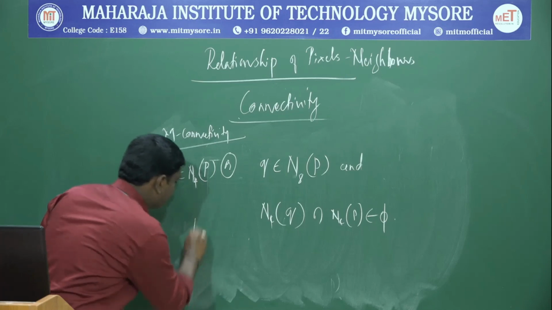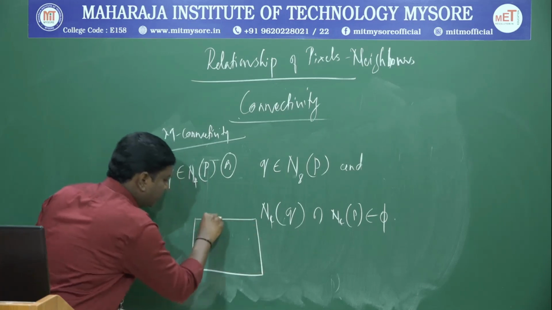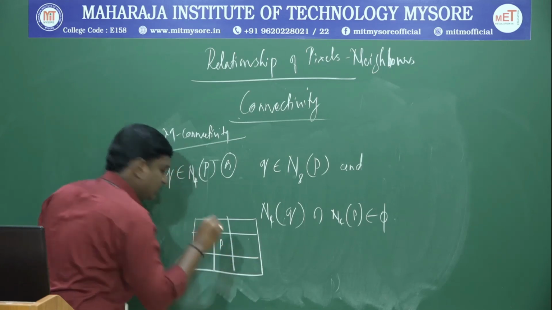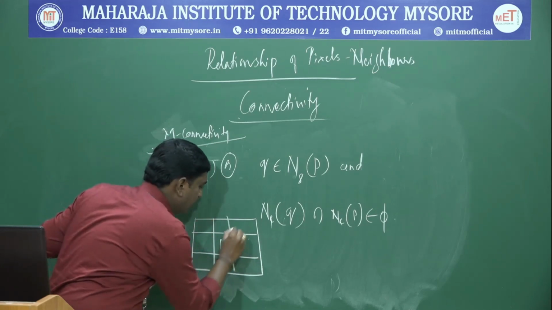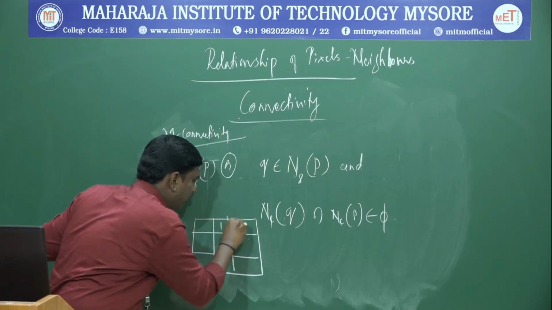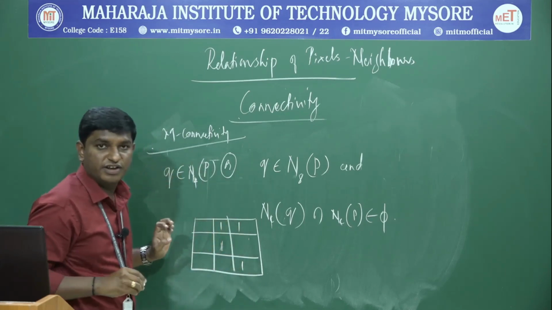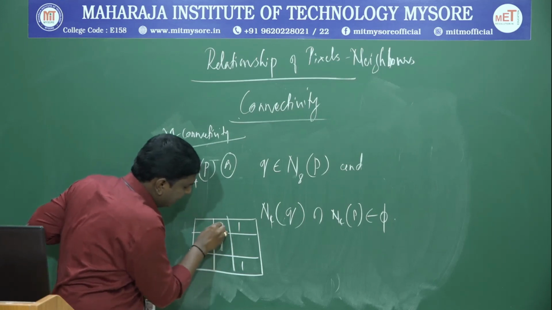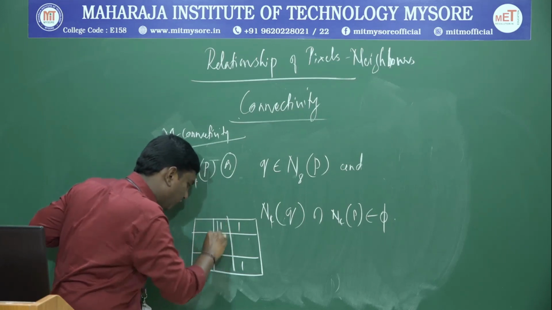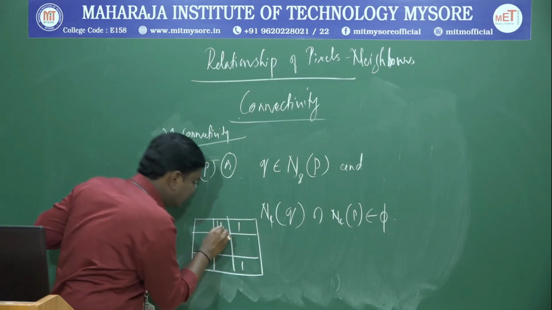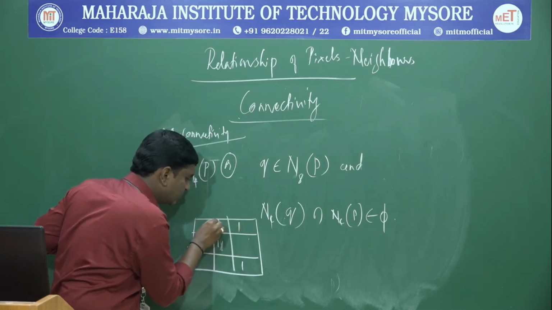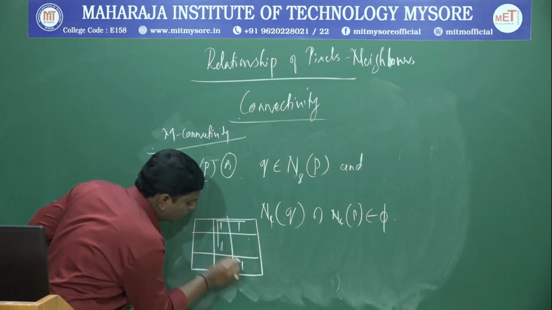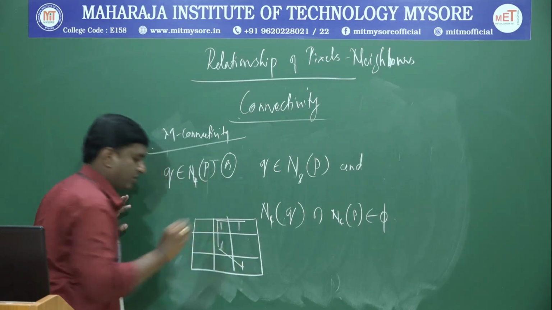Okay, let me take the same example where the problem actually existed. So this is pixel P. This was the example which we were considering. Now, this pixel is connected to this pixel using N4. Good enough. This pixel is connected to this pixel using N4. Good enough. Also, this pixel is connected to this pixel using N8 connection.